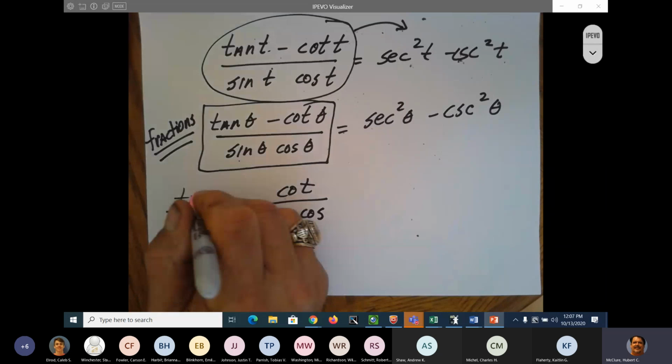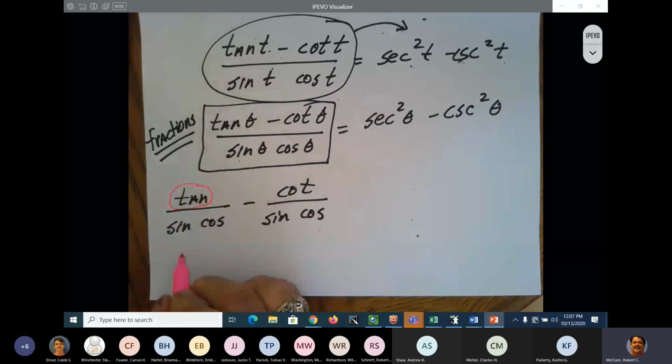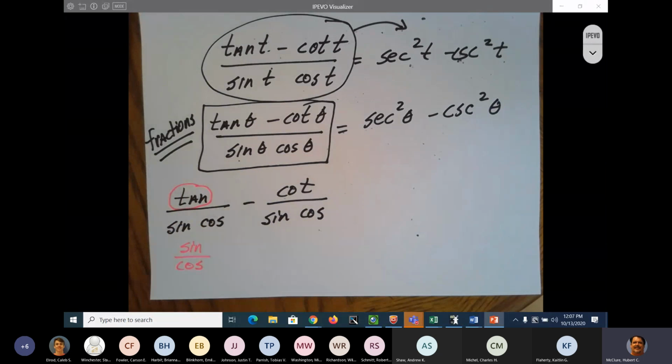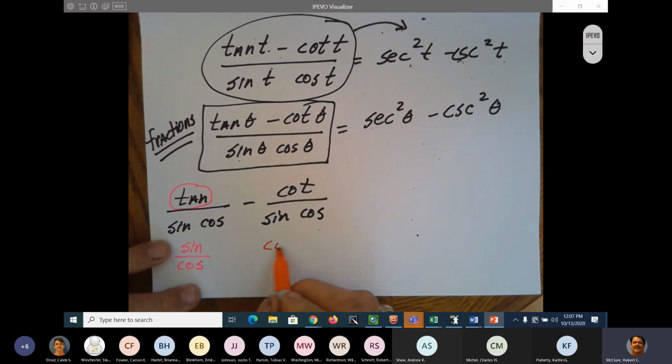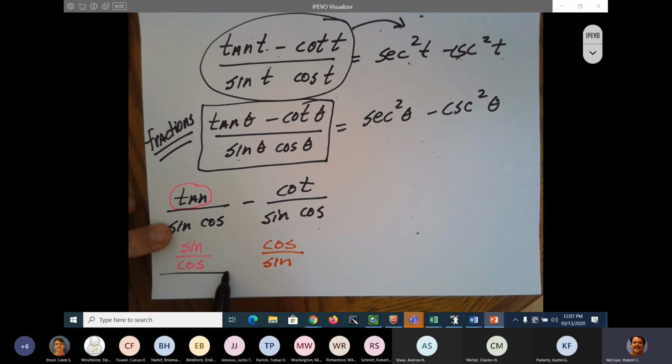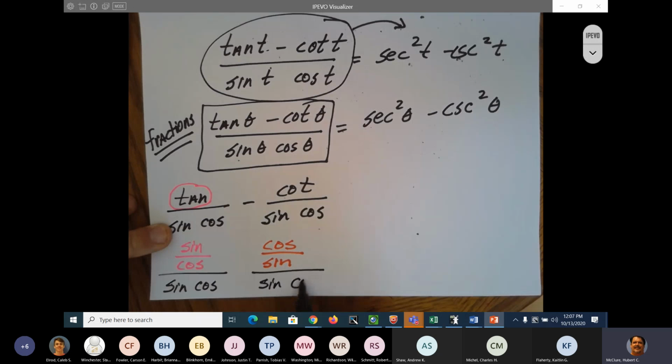I'm going to rewrite tan as sine over cosine, and I'm going to rewrite cotan as cosine over sine, over sine cosine over sine cosine.